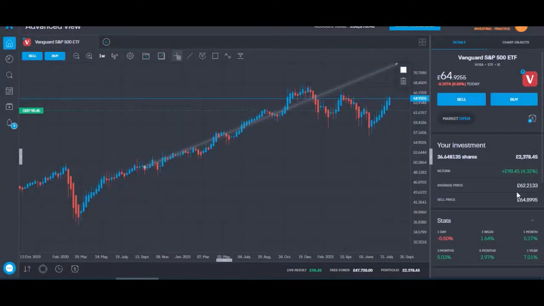Our average price went up slightly. It had been about 61.05 or 06, something like that. It's gone up to 62.21. And the portfolio value before I made the purchase was very slightly higher than 4.7%, I think.